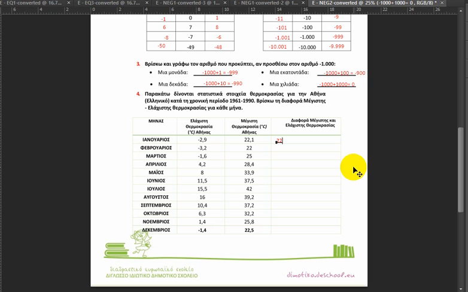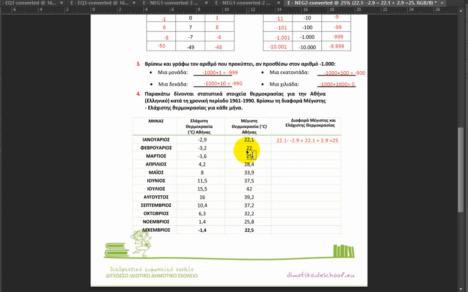Here we're going to do 22.1 minus minus 2.9. So that's basically like saying 22.1 plus 2.9. And if you do this, if you want, you can do this vertically. And if you do this vertically, what you're going to get is 25.